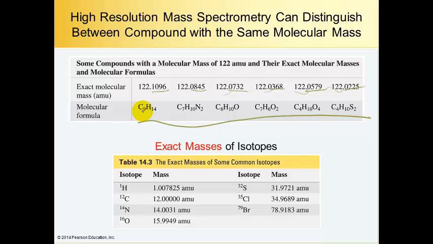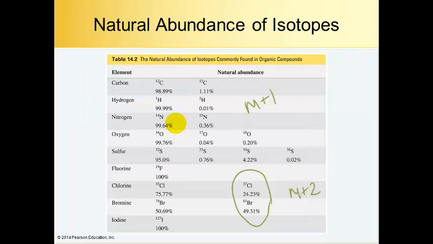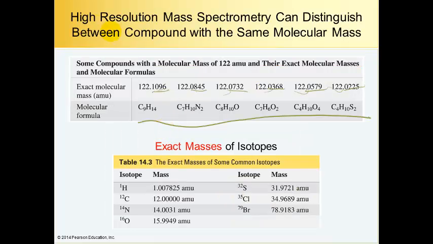For example, C9H14 is 122.1096, and that's because the natural abundance of hydrogen has been calculated. So a very high resolution mass spectrometer can really break things down to a very, very detailed mass. This table indicates the exact masses of isotopes, so it takes into consideration the percentage of the isotopes that are out there, and that helps mass spectra be interpreted.